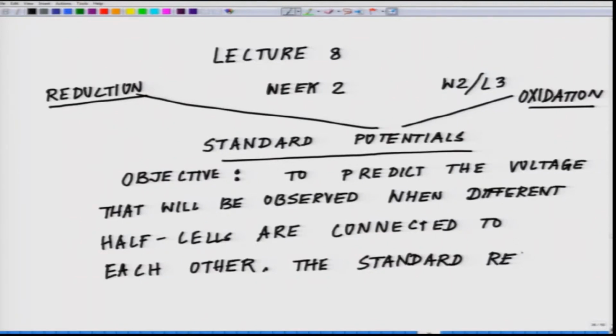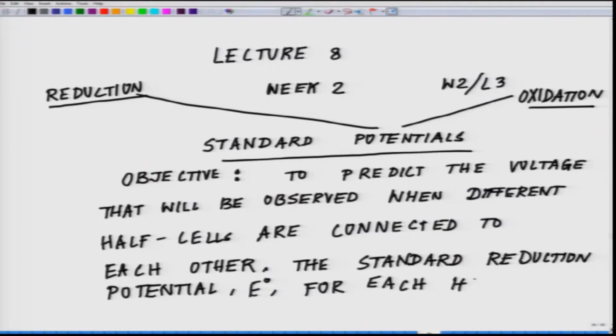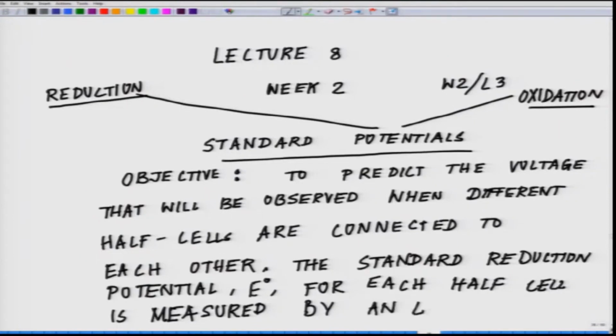The standard reduction potential, which is denoted by E naught for each half cell, is measured by an experiment. Okay. We will come to the experiment, how you measure it.